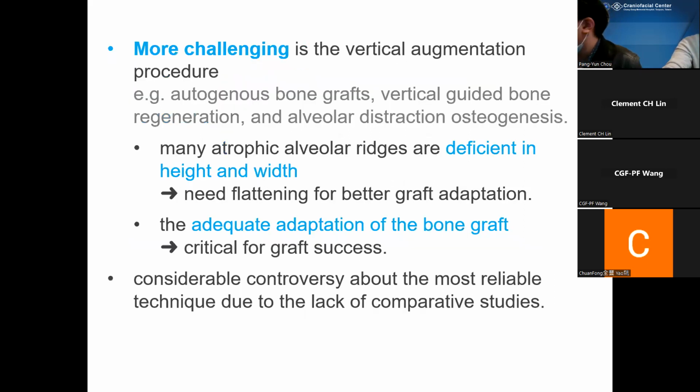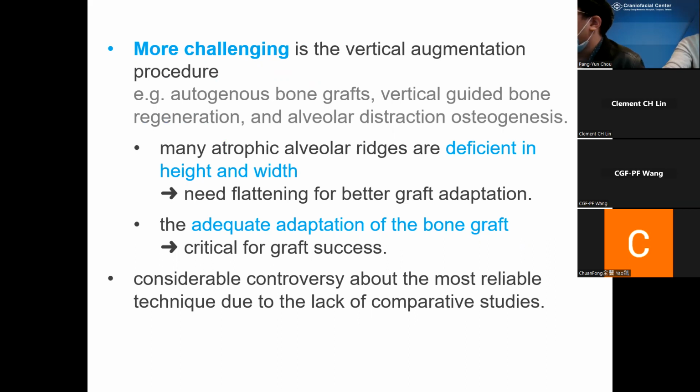Vertical augmentation is much more challenging, and multiple procedures like autogenous bone grafts, vertical guided bone regeneration, and alveolar distraction osteogenesis were proposed in previous literature. However, there is still considerable controversy about the most reliable technique because there are no comparative studies of these different techniques.